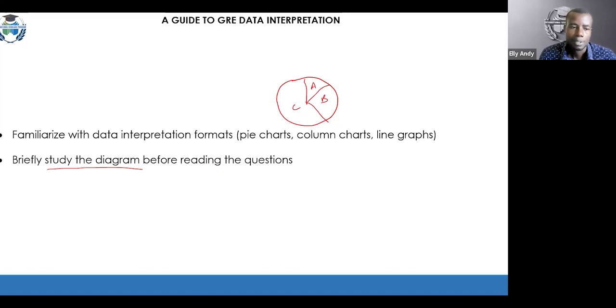That kind of approach especially is not good at all. It's even worse for data interpretation questions where you are dealing with dense material, lots of data and numbers that you need to make sense of first. So study the diagram and see what it has, what it means, the information it explicitly states, because that will help you, like we said, to extrapolate some logical conclusions from the data.